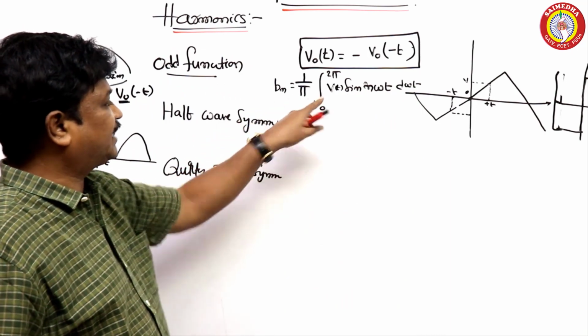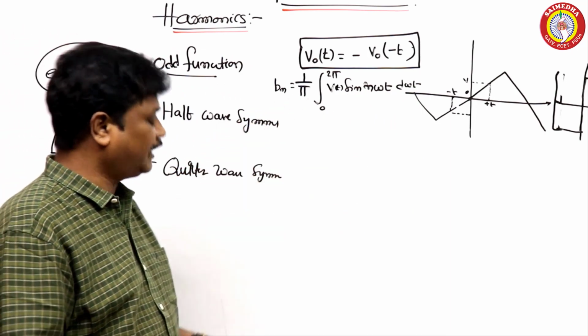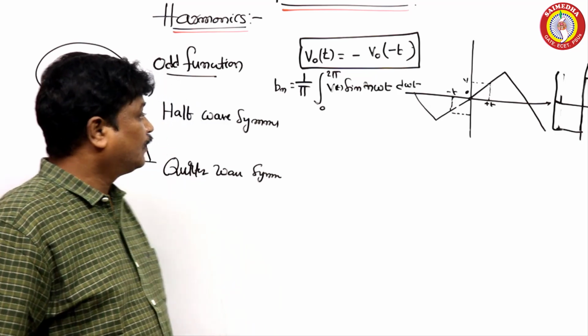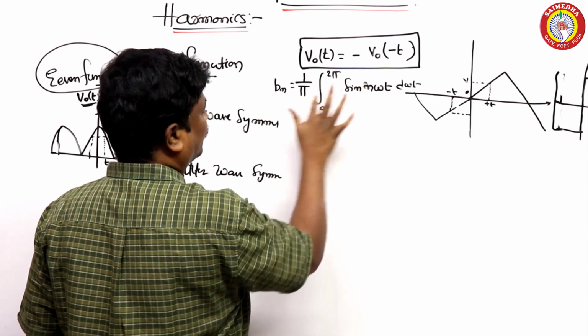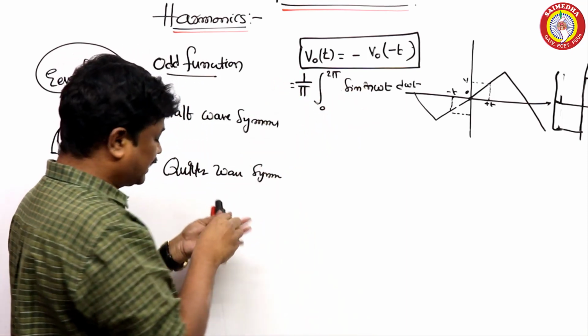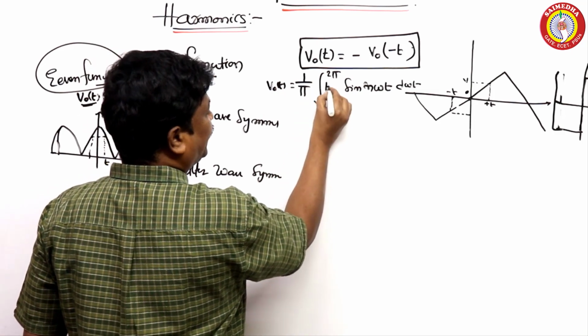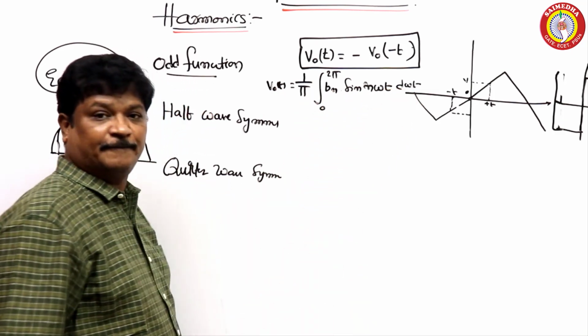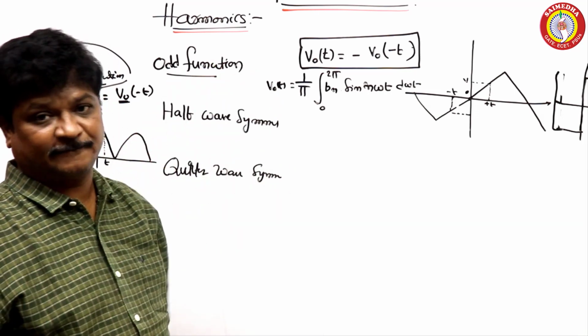This is the expression. Sorry, what do we have to change? Not Bn, here it is Bn. This is the output voltage: V naught of t is equal to Bn sin n omega t. This is the output voltage for an odd function.